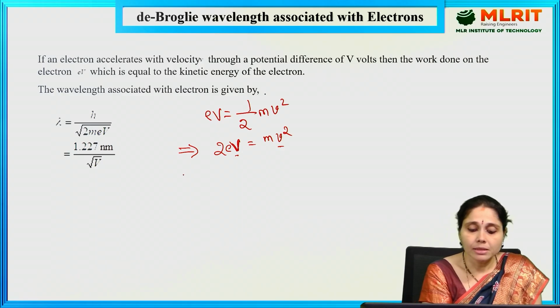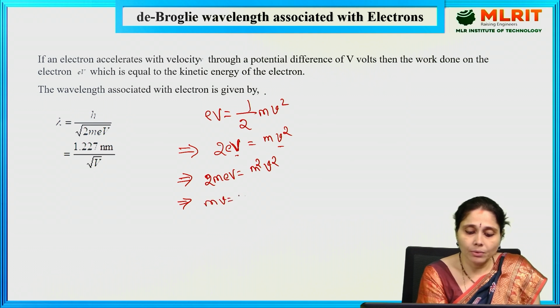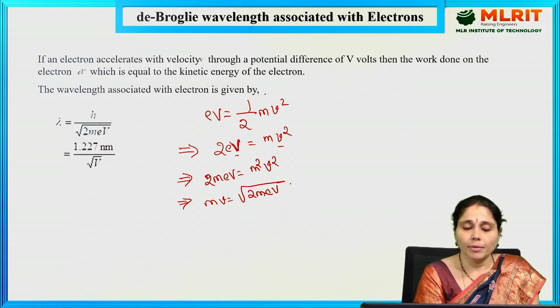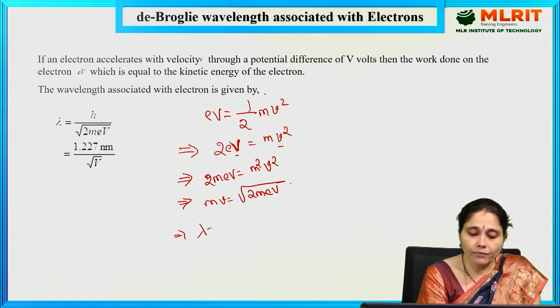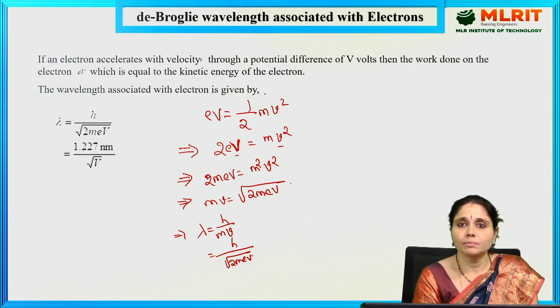Multiply with m on both sides: 2meV is equal to m square v square, or mv equals root over 2meV. So lambda, from the de Broglie hypothesis, is equal to h by mv, that is equal to h by root over 2meV.